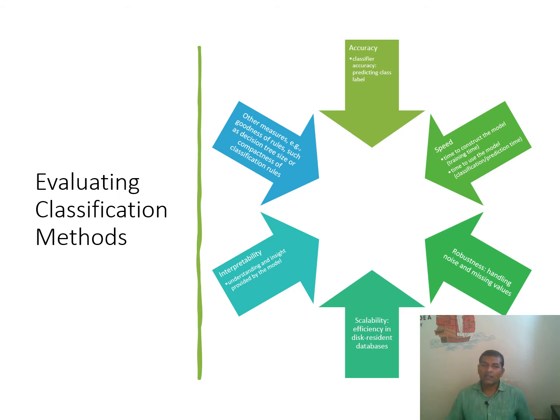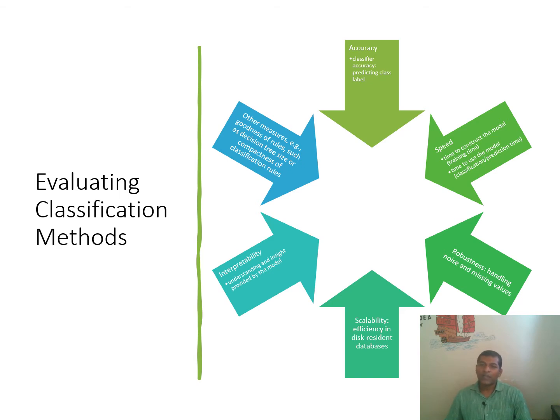The characteristics a classifier model should have start with accuracy. The classifier should be good enough to provide better classification, and the result generated by classifying unknown data should be very close, that is, accurate.